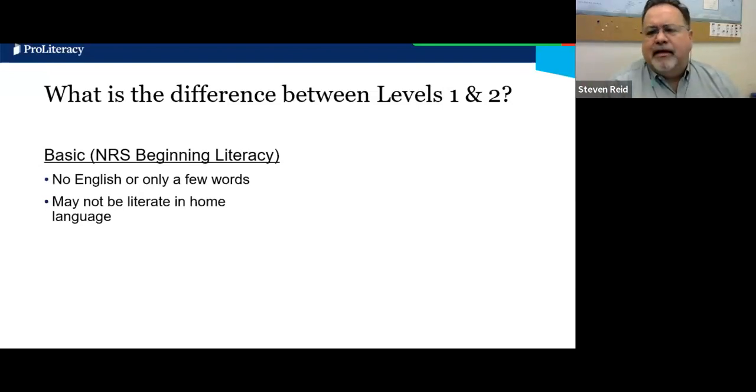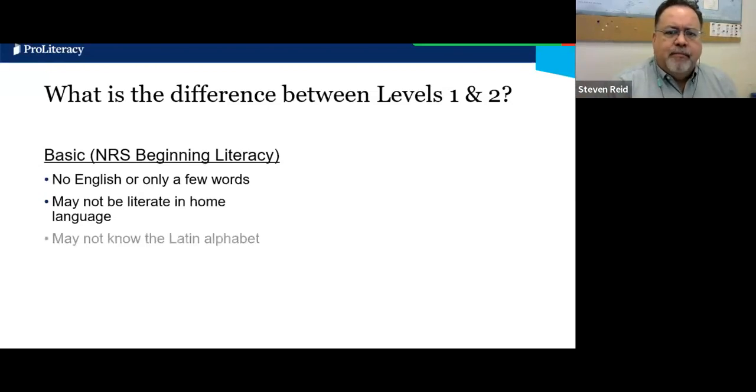Some of them might be literate and just have no exposure to English, but many of them that we come across have little to no literacy in their first language. Many of them may not have any knowledge of the Latin alphabet, and so they may be coming to us from a different alphabet or a different writing system entirely, and so working in our alphabet may be completely new to them.